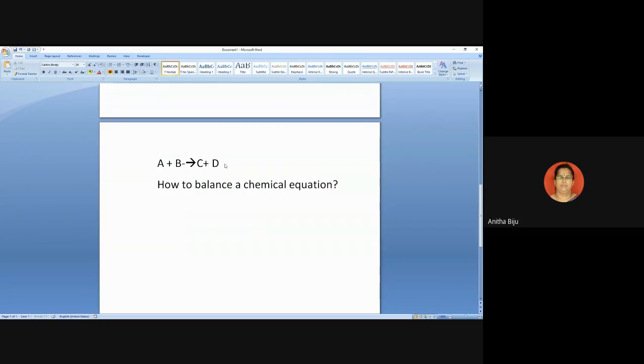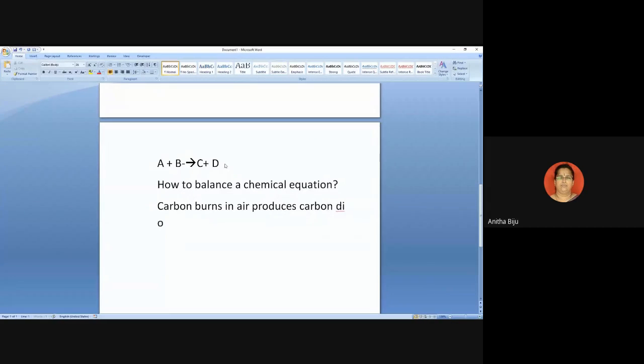In some cases a statement of the reaction is given. What do you mean by statement of the reaction? I'm giving that statement. First of all, I'll write: carbon burns in air, produces carbon dioxide.